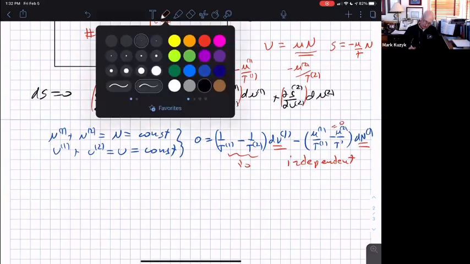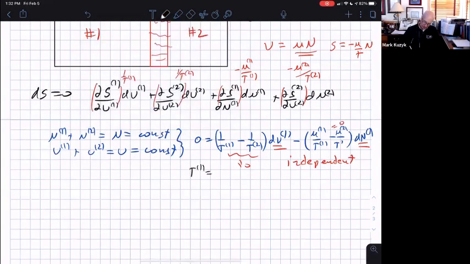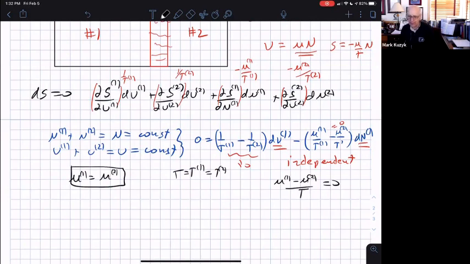So that first term gives us T1 equals T2, and let me just call that T. That makes the last expression mu1 minus mu2 over T equals 0, and so that means that mu1 equals mu2. Okay, so you can see a pattern here. When you're reaching equilibrium, the temperatures on both sides have to be the same. When you're in equilibrium, the chemical potentials have to be the same on both sides.